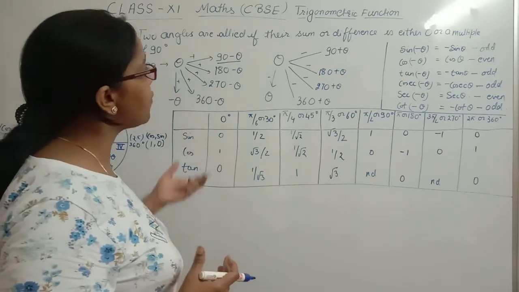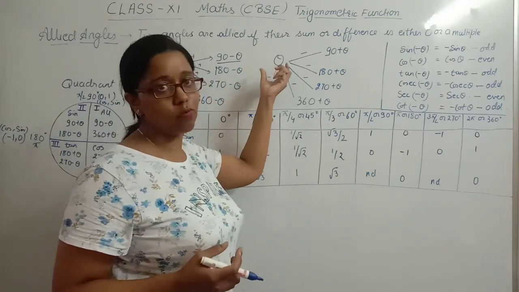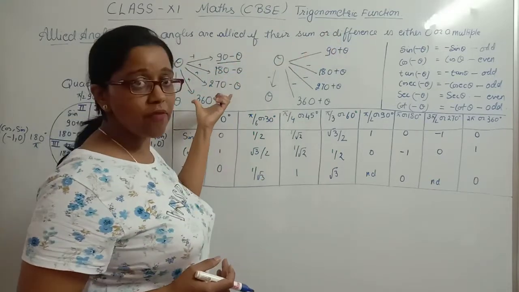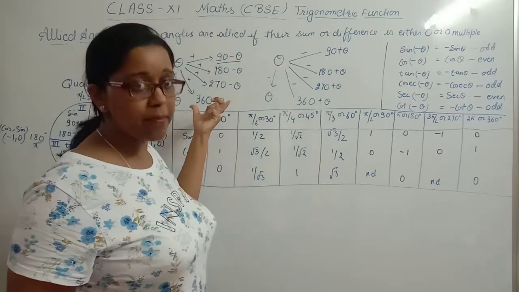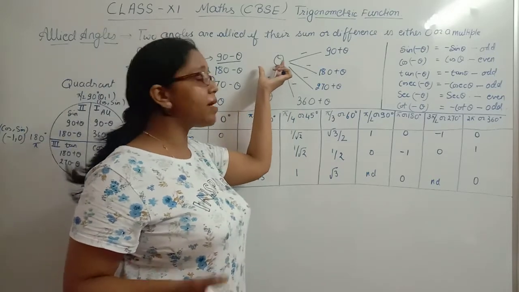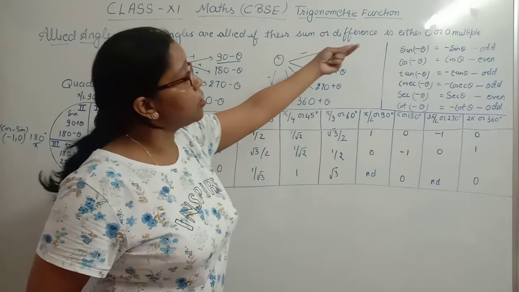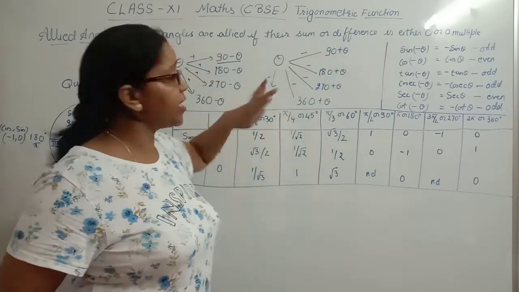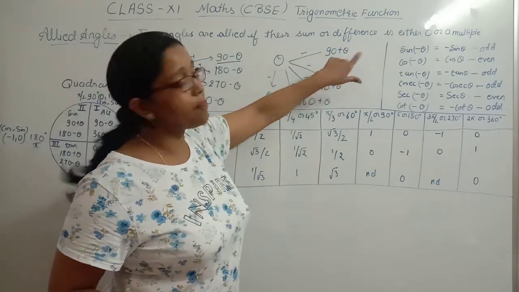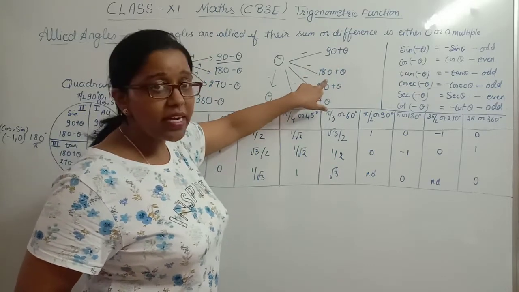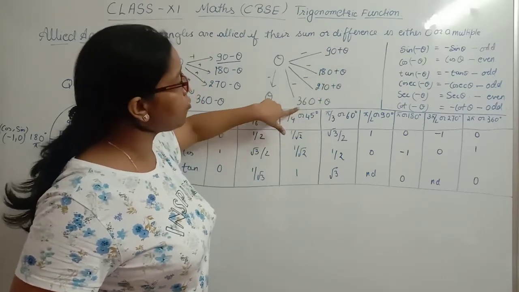So this is how we can go for the subtraction also. As we have said, sum or difference. The sum gives you 0 or a multiple of 90, and in the same way the subtraction will also give you a difference equal to either 0 or a multiple of 90. Like theta minus 90 plus theta will give you 90. Again here if you get 180, 270, and 360.